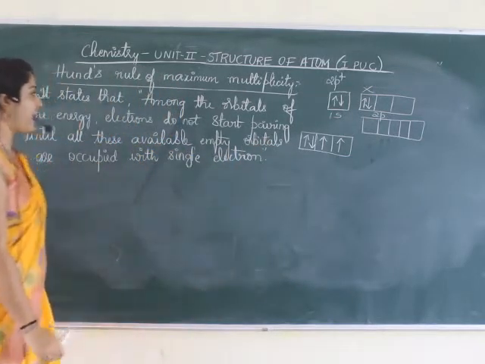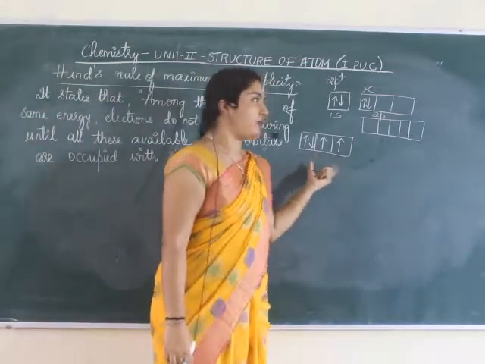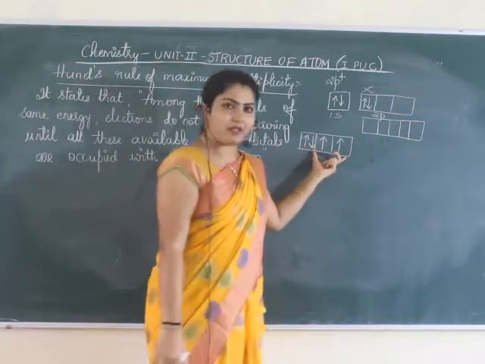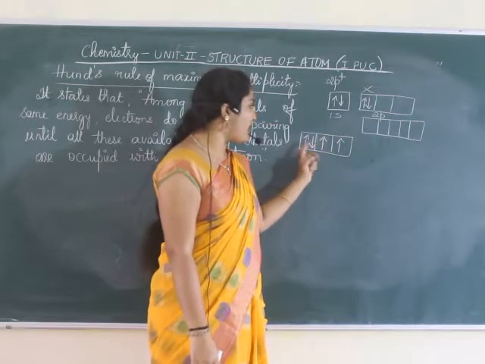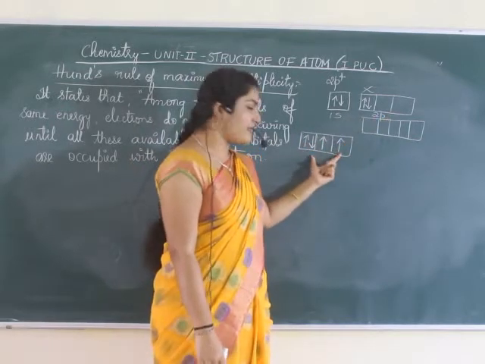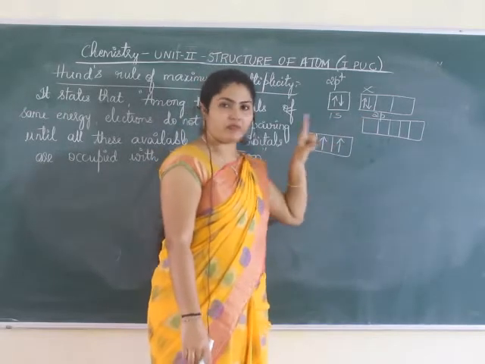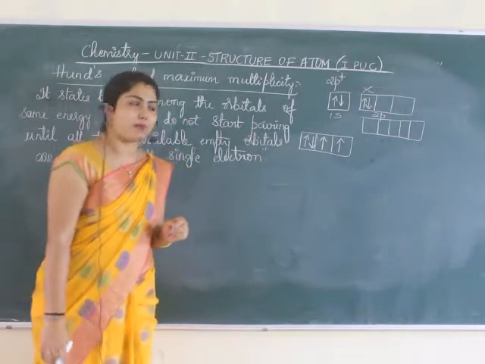Hope it is clear. So what does it state? Among the orbitals of same energy, the pairing of electrons does not take place until all the empty orbitals that are available are filled with single electrons. This is Hund's rule of maximum multiplicity.